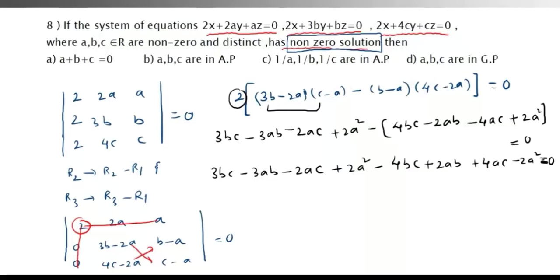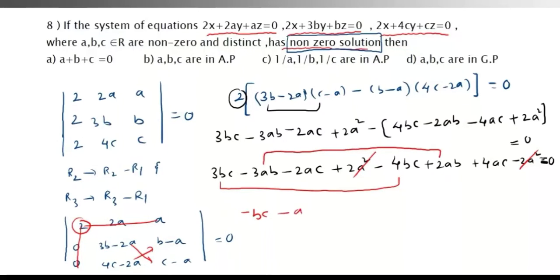Now if you observe there is a possibility to cancel some terms: 2a square is cancelled. Now 3bc minus 4bc is minus bc, minus 3ab plus 2ab is minus ab, minus 2ac plus 4ac is plus 2ac, equal to 0.